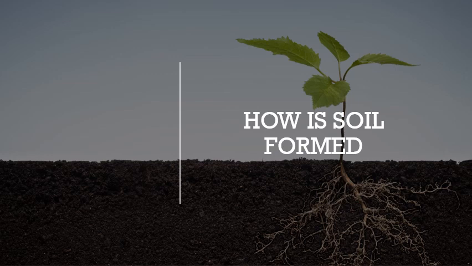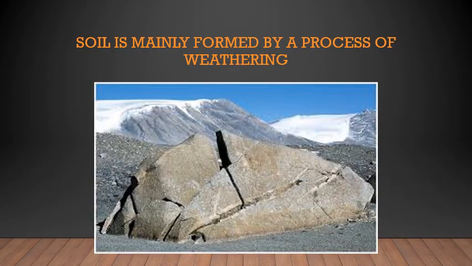Because of weather conditions, like continuous raining, or the action of wind, and the pressure and heat from the sun, it broke down these huge rocks into smaller particles, forming the soil. The soil is mainly formed by the process of weathering.